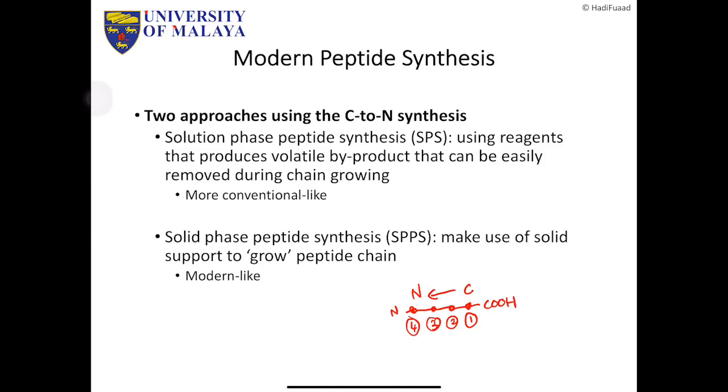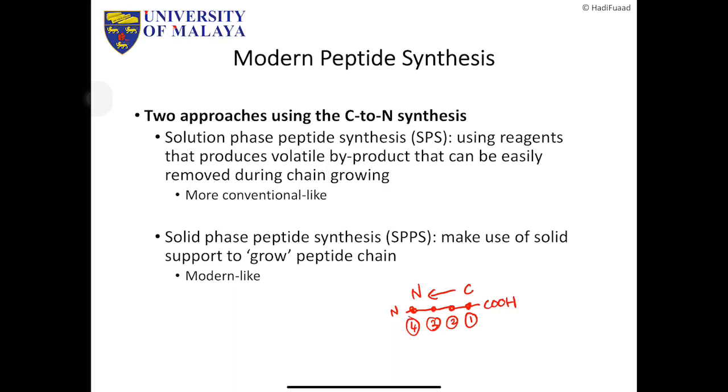Okay, so you can still do it in solution phase, using reagents that produce a volatile byproduct, for example, so that you can easily remove it by rotovapping. Instead of using a column again and again, you can simply remove all the byproduct with a rotary evaporator.